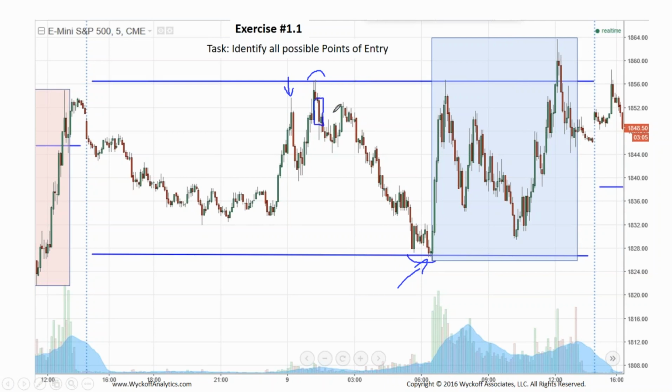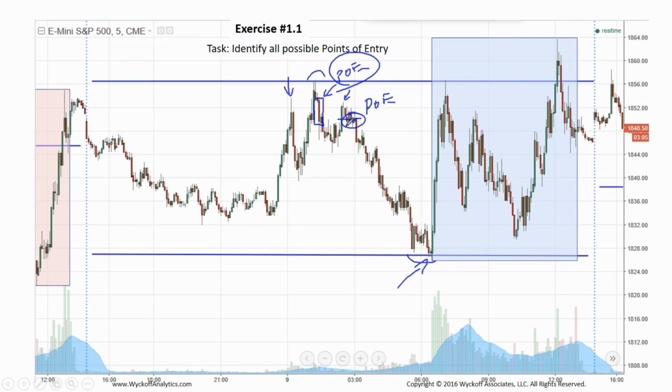If we're trading during London sessions, this is our point of entry. Would you say? Yeah. Or another attempt to go up, another failure, and then probably somewhere here another point of entry. Now, at this time when we open these positions, Karen, where do you think our target will be?